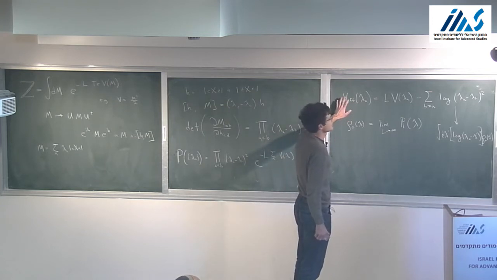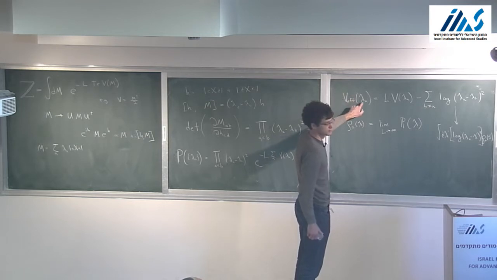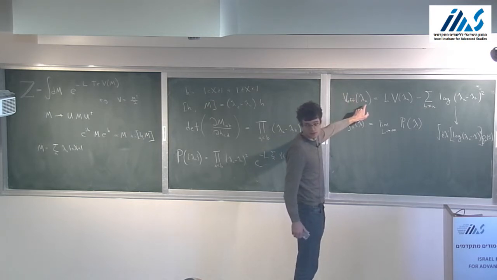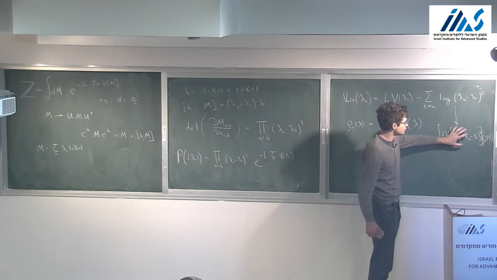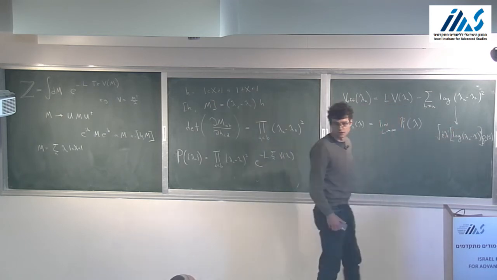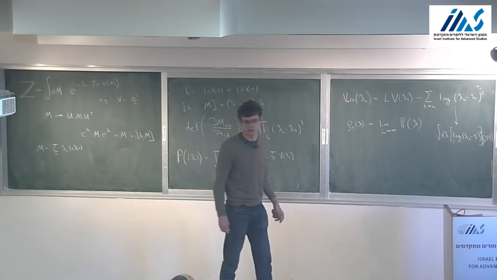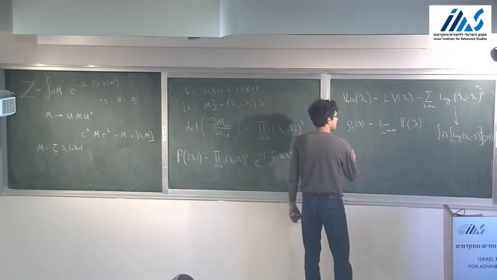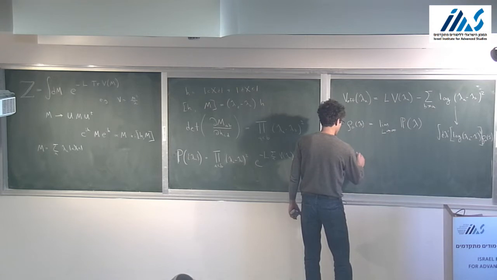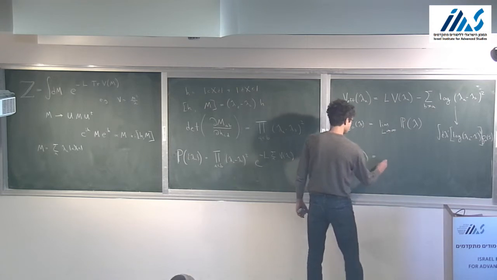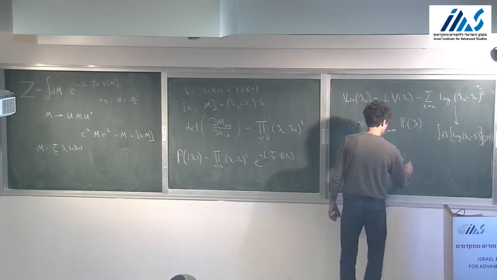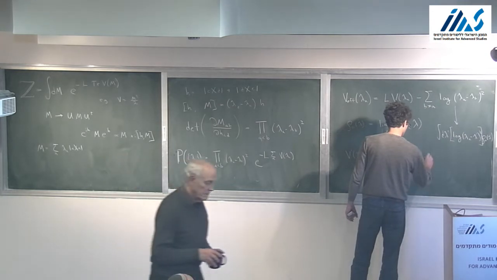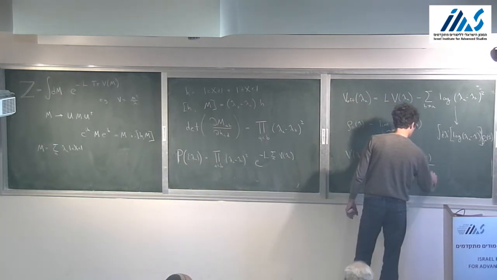Now, the equilibrium condition for the eigenvalues is that this effective potential should be stationary with respect to variations of this eigenvalue. There should be no net force on an eigenvalue. There's some force from the potential, and then some additional force from the effect of all the other eigenvalues. And the condition for the equilibrium density is that those two effects should cancel. So that implies that V prime of lambda A is equal to 2 times the integral d lambda prime.